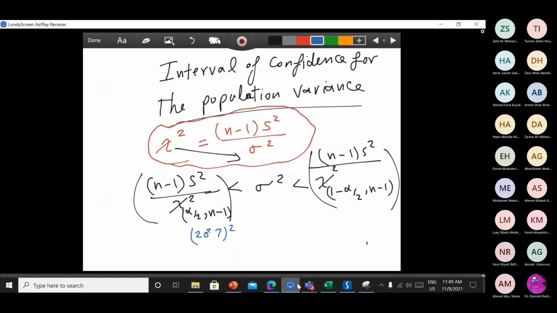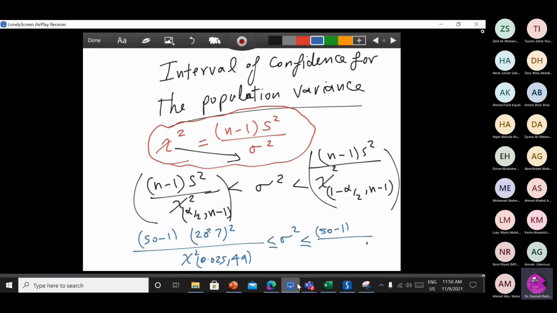28.7 squared, n minus 1 is 50 minus 1, right? Over chi-square of 0.025 and 49, less than sigma squared, less than n minus 1, which is 50 minus 1, times s squared, 28.7 squared, over chi-square of 1 minus alpha over 2, which will be 0.975, and the degree of freedom will be 49.